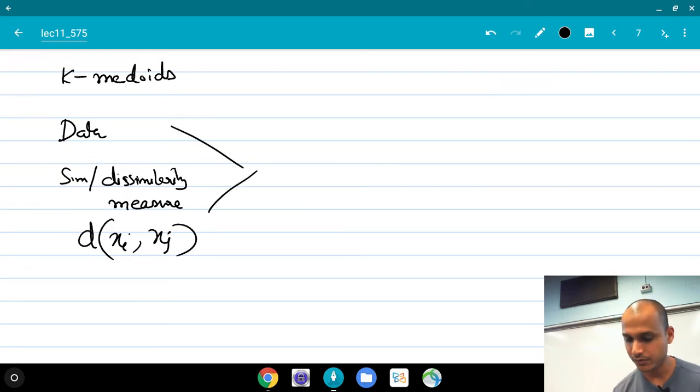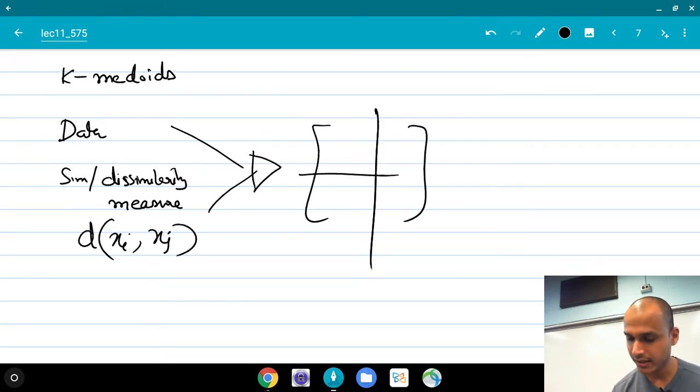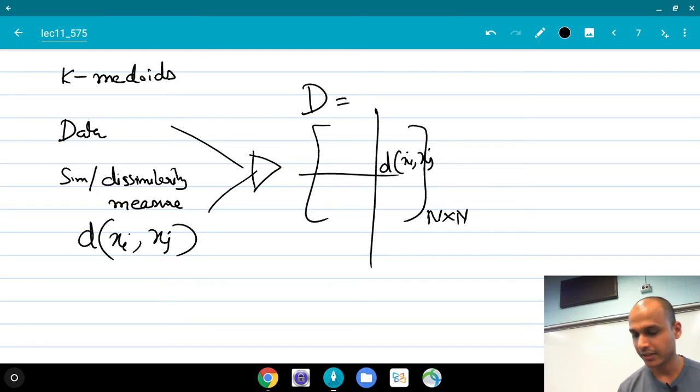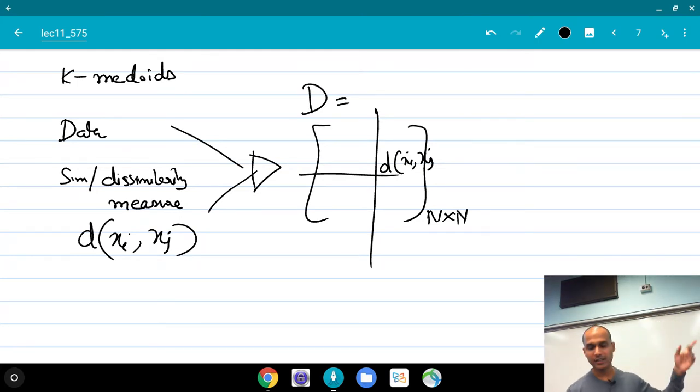Given these, you can get a matrix where each entry is d(xi, xj). This is an n by n matrix. Let's call this the D matrix, for dissimilarity, where given the observations, you just compute this pairwise dissimilarity.